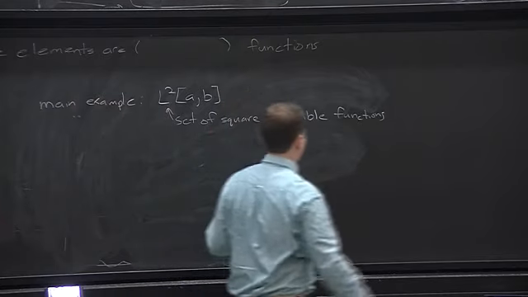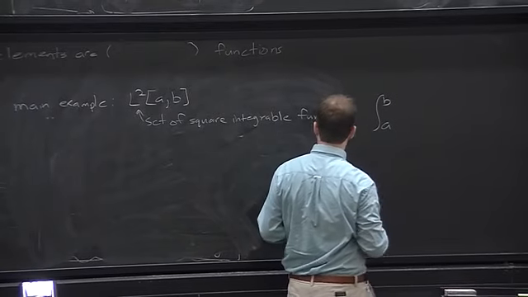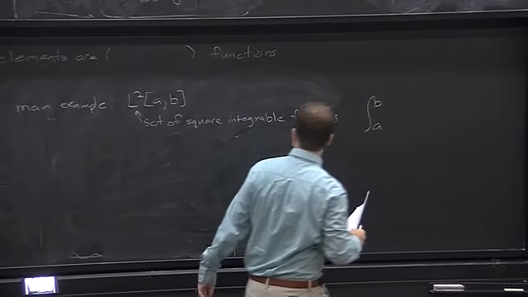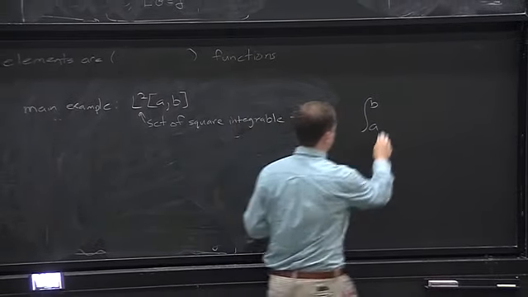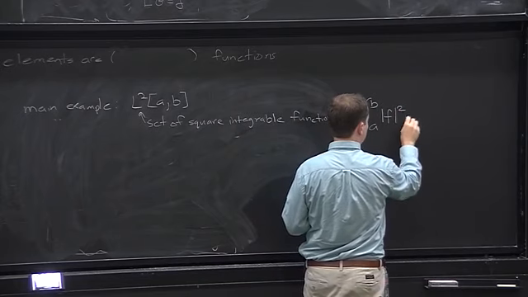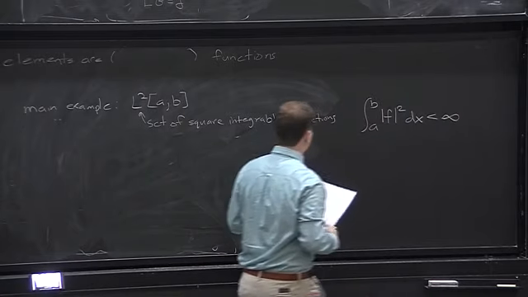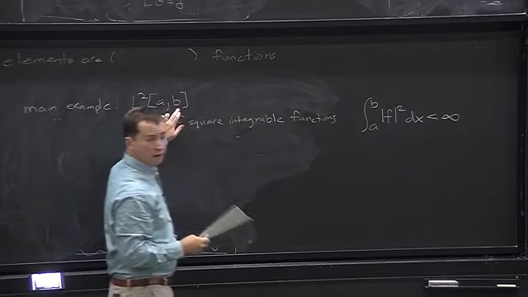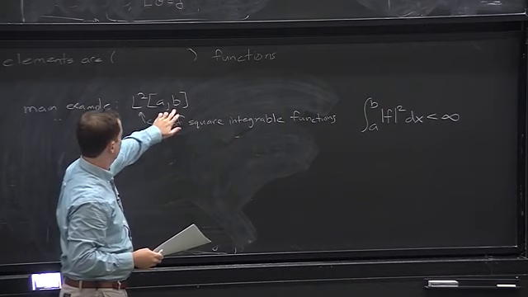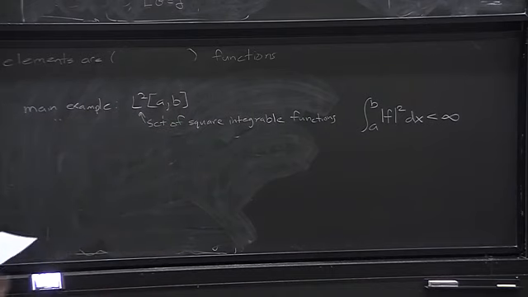That means that if we integrate our function modulus squared from a to b, it should be finite. And a and b here indicate which segments of the real line our functions are defined on.